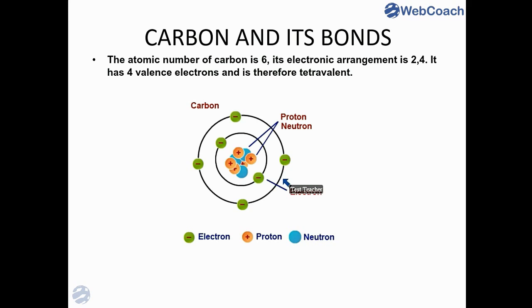For that, there has to be a sharing of electrons between the carbon and the oxygen. The electron that is shared between two atoms of different elements or the same element will form your compound.